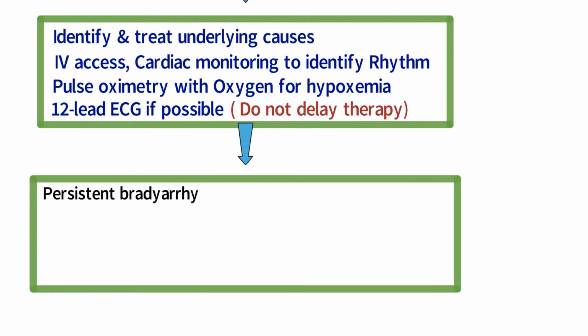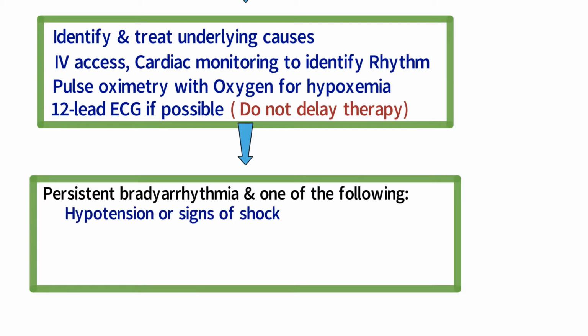So if the patient is having persistent bradyarrhythmias and one of the following criteria: hypotension or any signs of shock, for example, if his systolic blood pressure is below 90, or if the patient is having acute mental status changes, for example, if he is confused or he fainted.